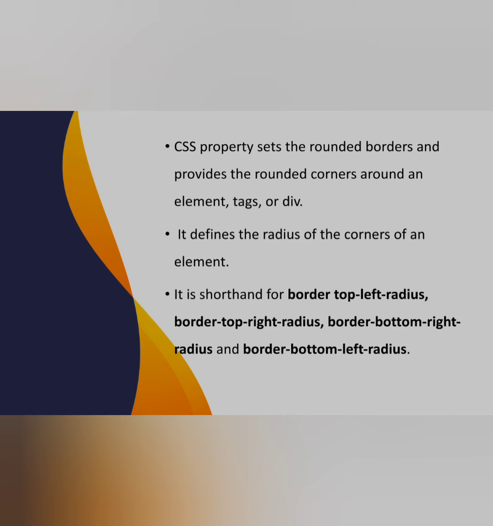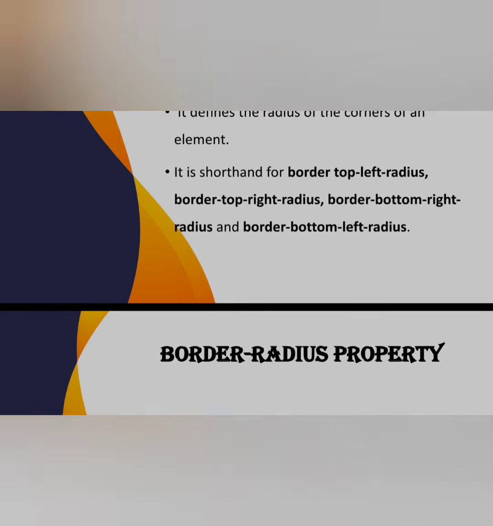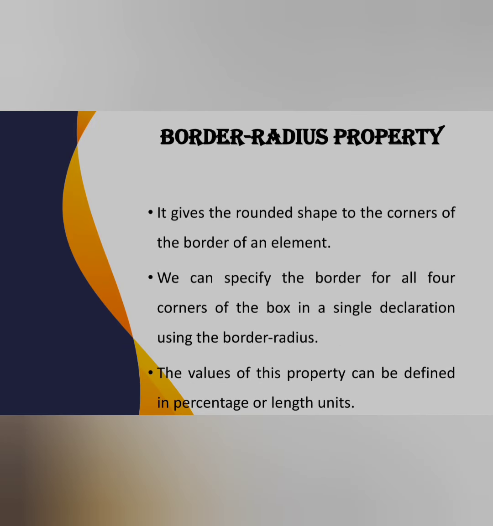Border radius property. This CSS property sets rounded borders and provides rounded corners around an element. It defines the radius of the corners of an element. It is a shorthand for border-top-left-radius, border-top-right-radius, border-bottom-right-radius and border-bottom-left-radius.